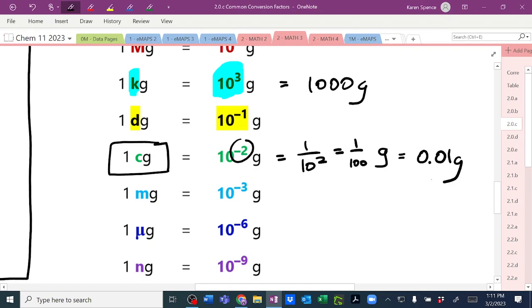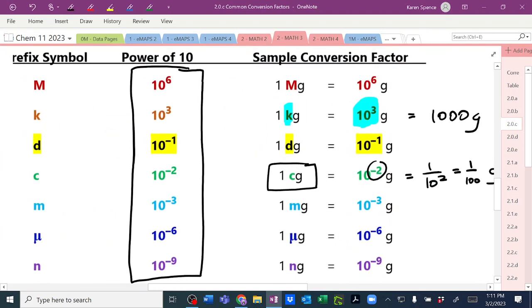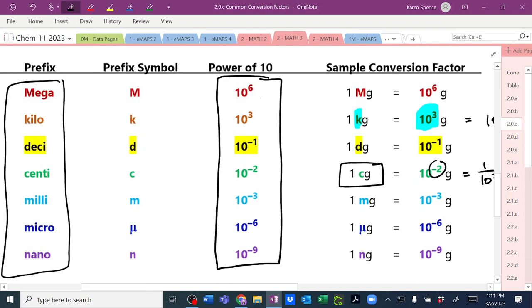Okay? But we're going to learn our little song for these powers of 10. And it starts exactly the same way. Mega, kilo, deci, centi, milli, micro, nano. And then it goes 6, 3, 1, 2, 3, 6. 9 is for the nano.